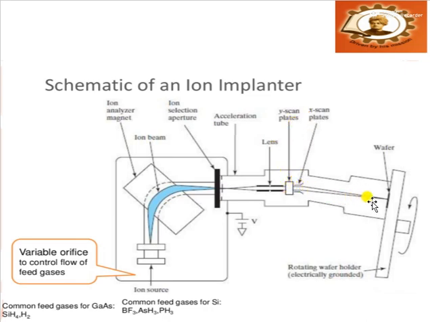There is a rotating wafer holder, so the wafer rotates and the ions bombard the wafer. The distribution of that bombardment will be uniform, depending upon the rotation of the wafer as well as the scanning of the beam, so there will be uniform ion implantation or doping by using the ion implanter method.